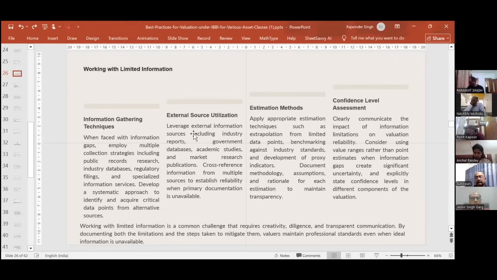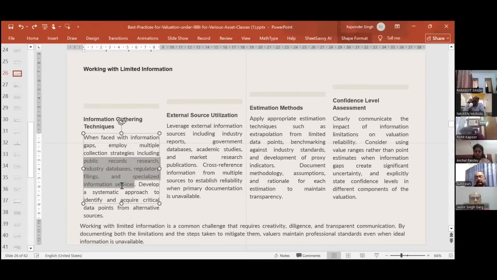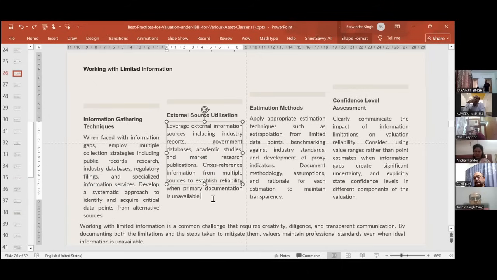The first important thing is you must know the information gathering techniques. When you face information gaps, employ multiple collection strategies. From where you can collect the data, that is important. As a valuer, you must know the sources of data which you require for valuation.